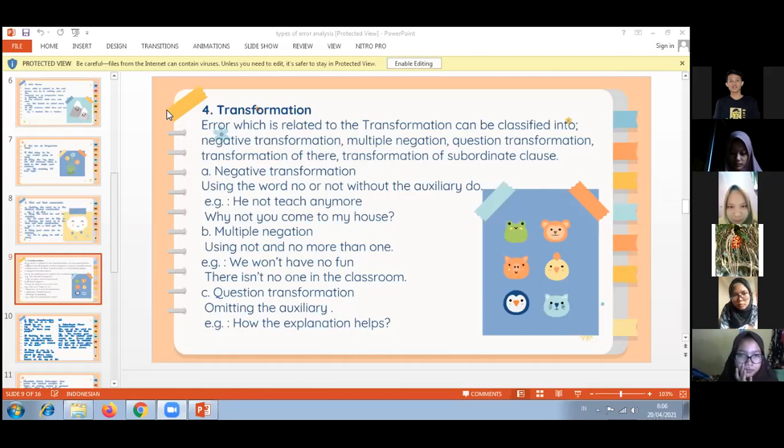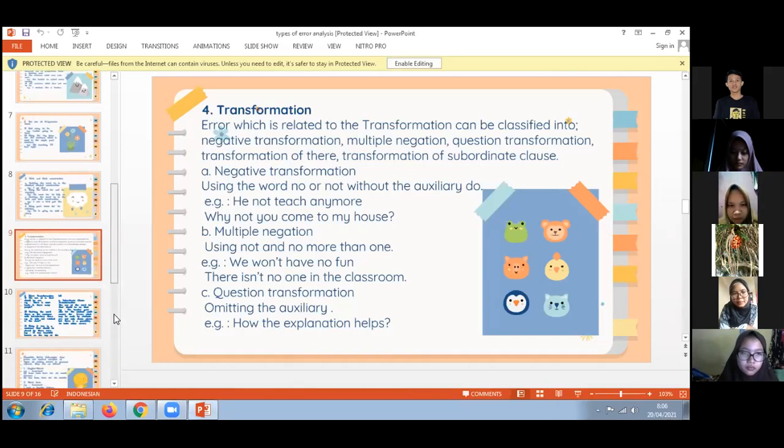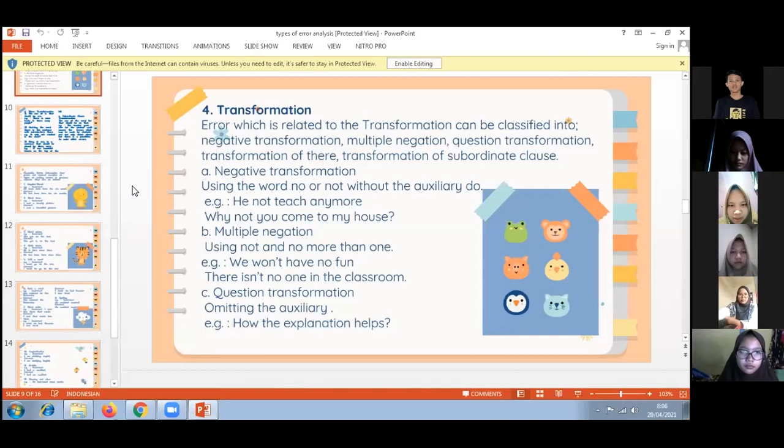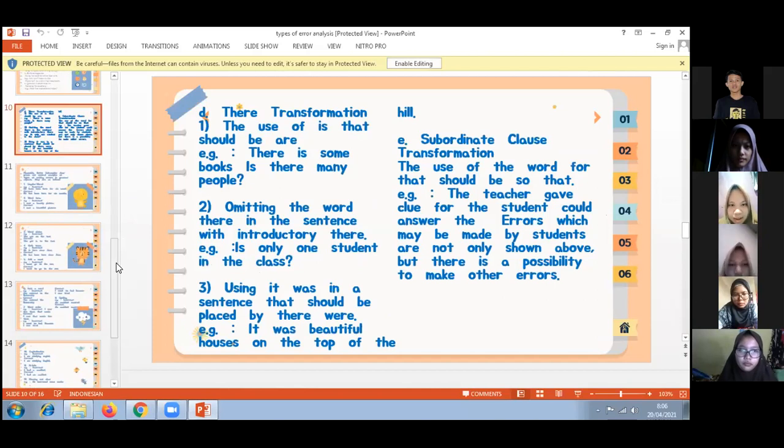B. Multi-negation, using not and no more than once. For example, we won't have no fun. There isn't no one in the classroom. C. Question transformation, omitting the auxiliary. For example, how the explanation helps. D. There transformation. The first, the use of is that should be are.